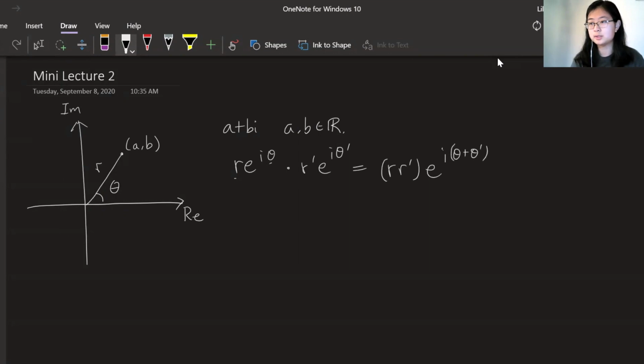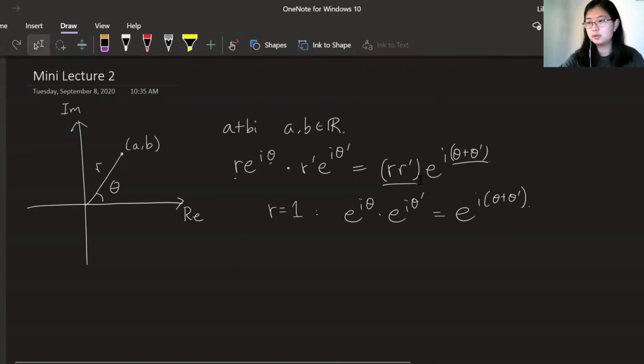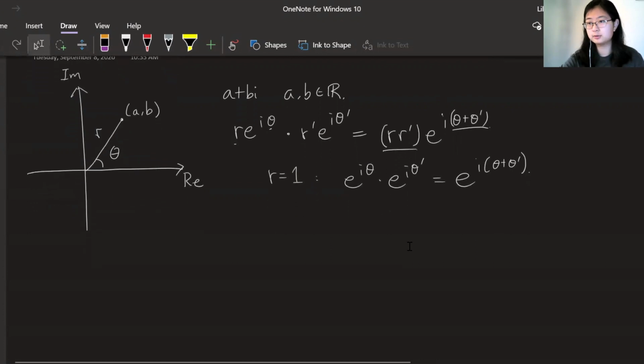So we are summing up the angles but multiplying the magnitudes. You can imagine that if we're dealing with the unit circle on the complex plane, or numbers where r equals 1, then e to the i theta times e to the i theta prime is just e to the i (theta plus theta prime). So on the unit circle, multiplication is just summing angles.